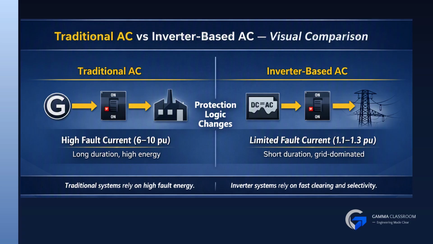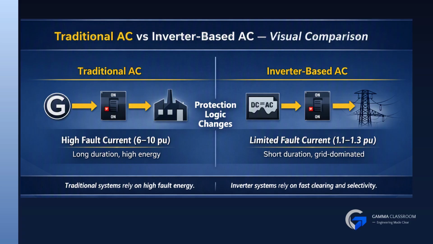When a fault occurs, the generator can deliver very high current, 6 to 10 per unit, and it lasts long enough for protection devices to respond using high energy trip curves. On the right, an inverter feeds a bus and the grid.